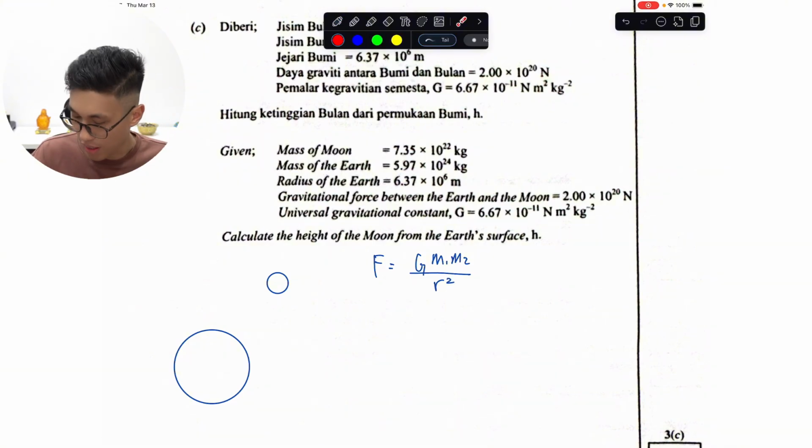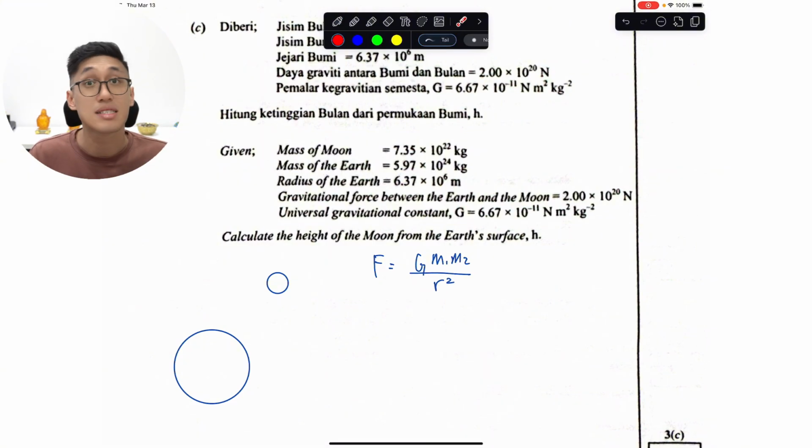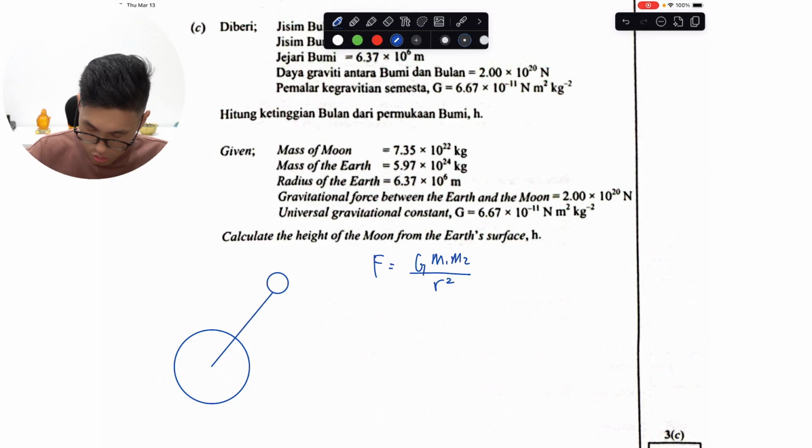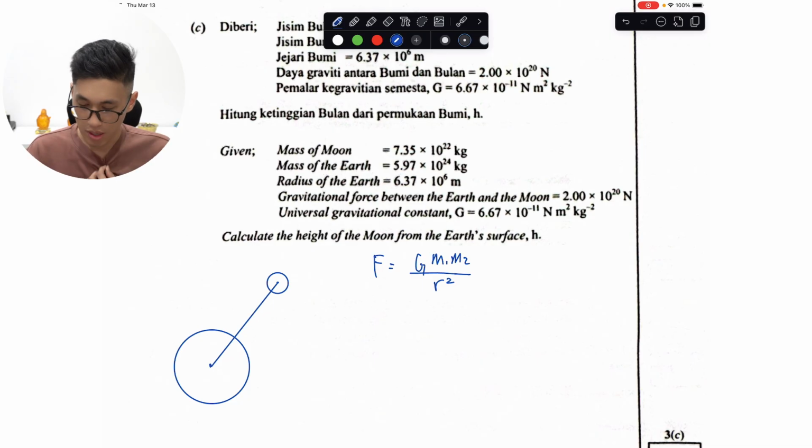I told you just now, this r is the distance between what? It's the distance between the centers, from center to center. But they want us to find what?